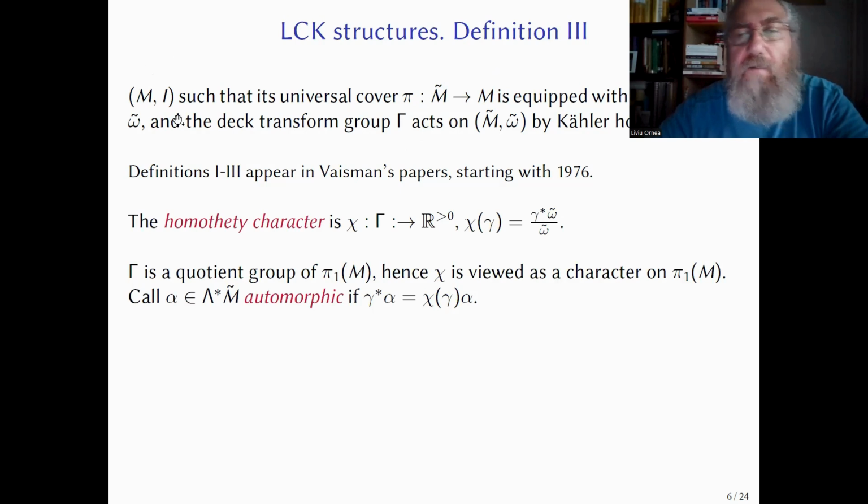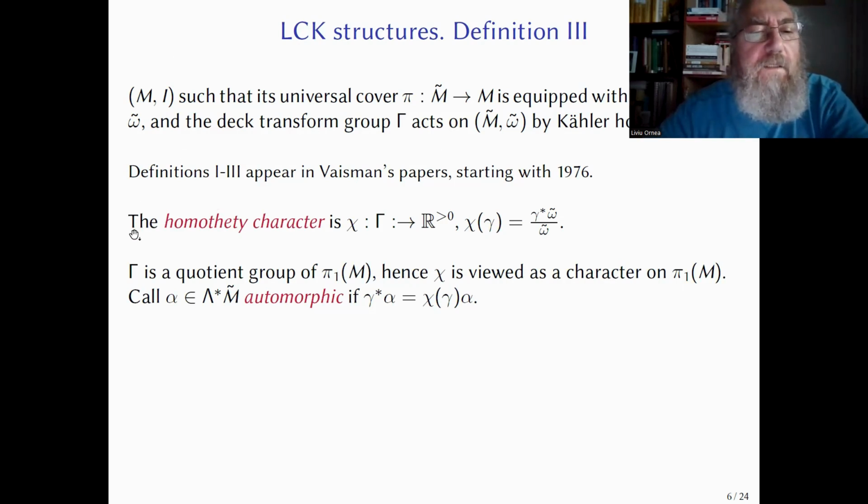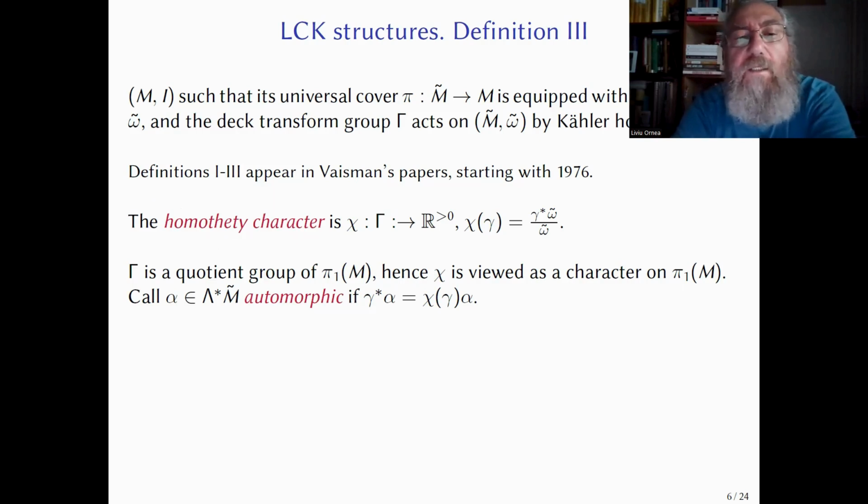This definition allows defining some other intimately associated objects. The first one is the homothety character. It associates to an element of the deck group the scale factor given by its homothety. So you identify the deck group with a subgroup of automorphisms.